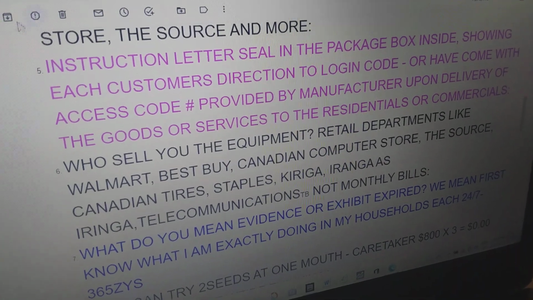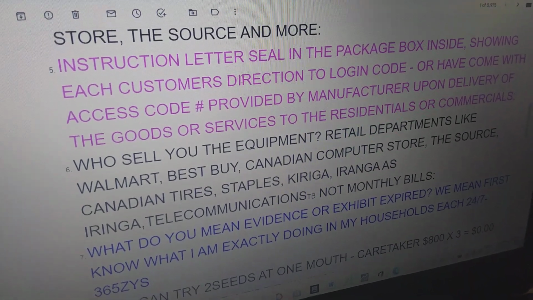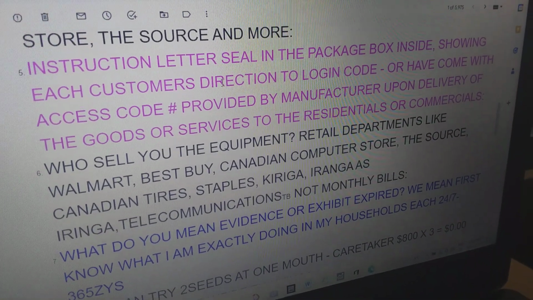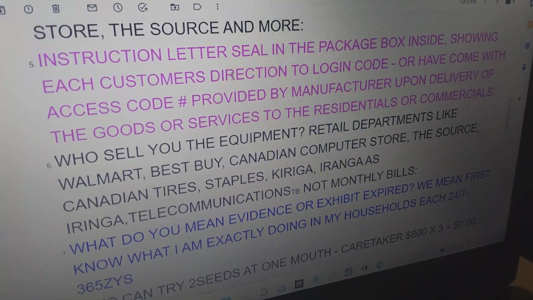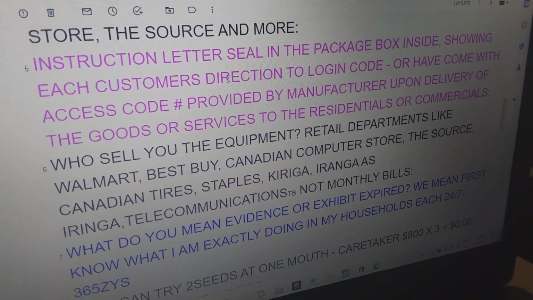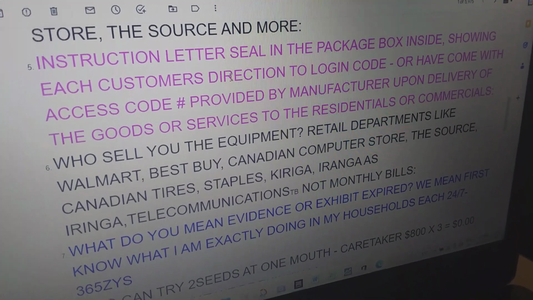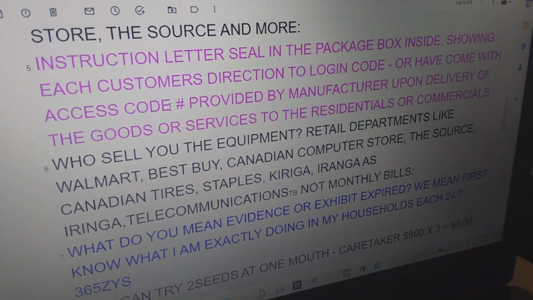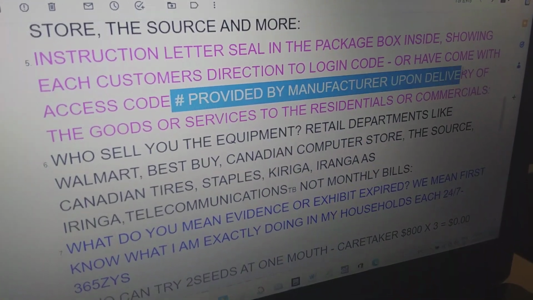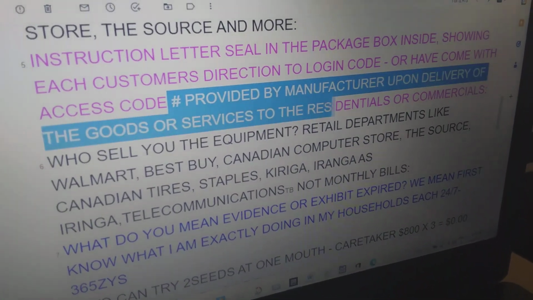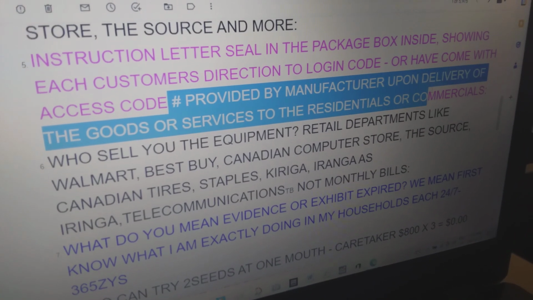To be specific, of course, there is the instruction letter sealed in the package box inside, showing each customer's directions to login codes, or they come with the access code number, provided by manufacturers upon delivery of the goods or service to the residential or commercial.